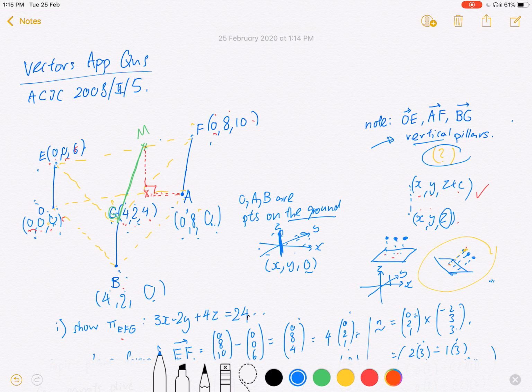Let me illustrate. I have this plane, okay, and maybe this was M, this is the point here, and then vertically connected to some point A, and you see that this is 90 degrees. What if, because again this is a 3D picture, let me rotate to give you a different perspective.